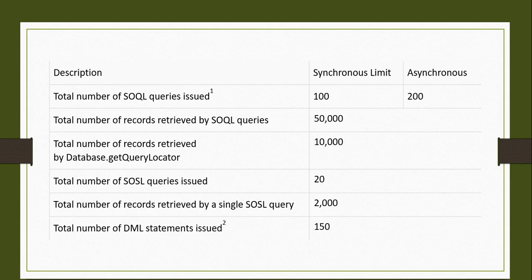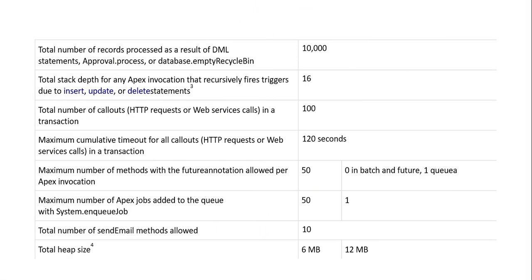The total number of records retrieved by a single SOSL query is 2000 for both synchronous and asynchronous, and the total number of DML statements for synchronous and asynchronous is 150. The total number of records processed as a result of a DML statement, approval process, or Database.emptyRecycleBin is 10,000.